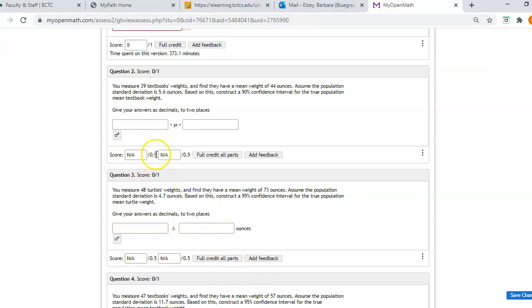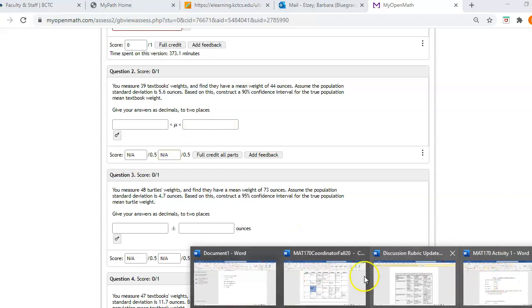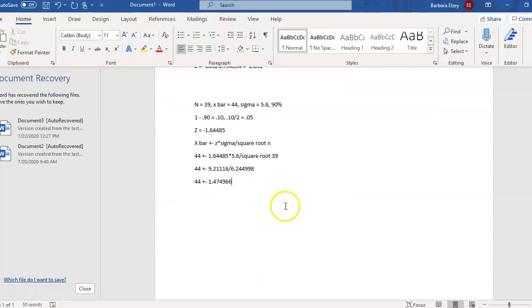Here, though, notice that it's got the population mean right here in the middle, so we want to finish out the entire confidence interval and put the left side of the confidence interval here and the right side here. So let's go ahead and finish it out. So 44 minus 1.474966 and 44 plus 1.474966.